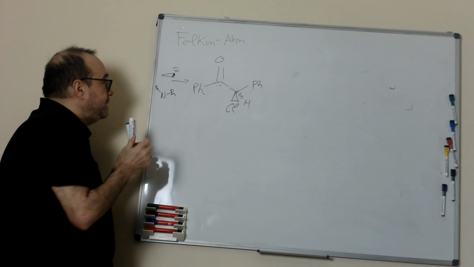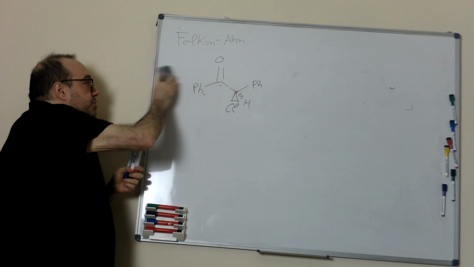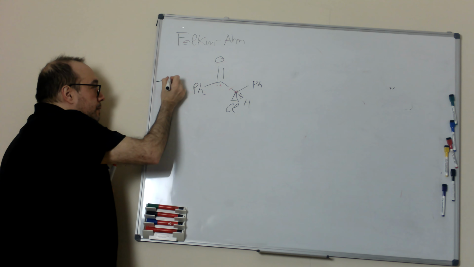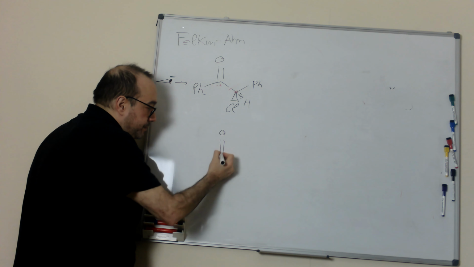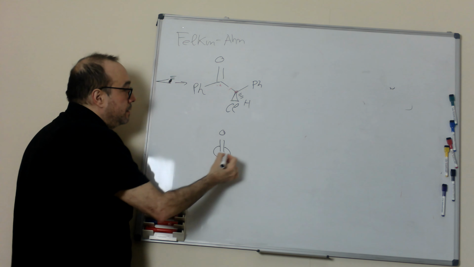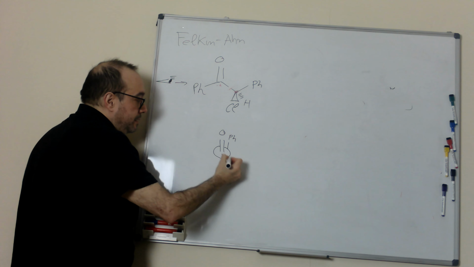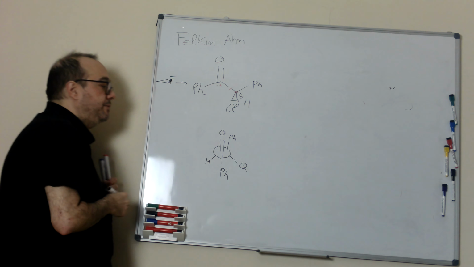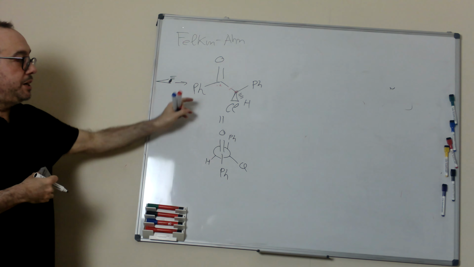And what I need to do is like I did at the beginning. I have to watch the molecule from here, like I did in the first example. If I do this, in this case the phenyl is here, the chloride is at my right, and the hydrogen is on my left. I only draw the Newman projection of this.